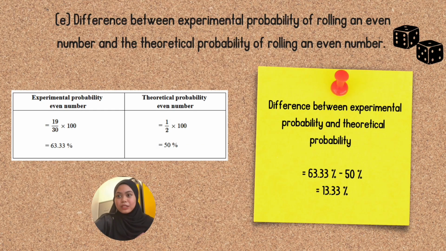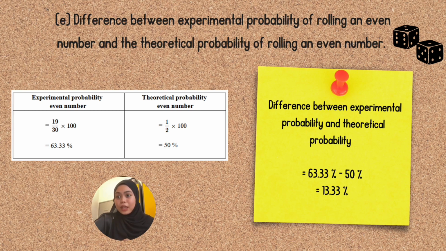Next, this question is about the difference between the experimental probability of rolling an even number and the theoretical probability of rolling an even number. First, calculate the experimental and theoretical probability of an even number based on the questions before. We calculate the experimental probability, which is 19 over 30 times 100, and get 63.33%.